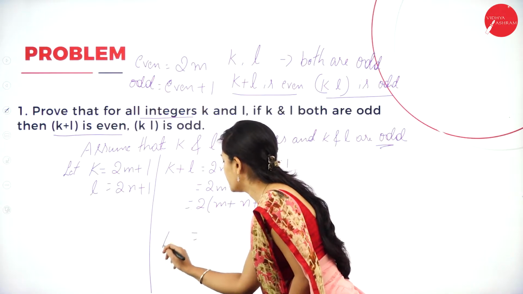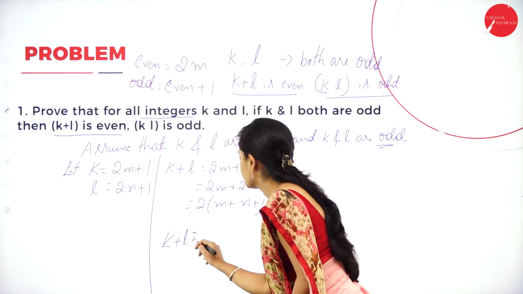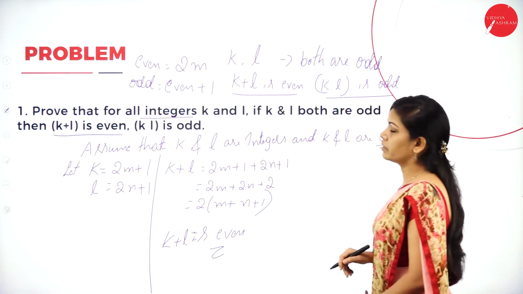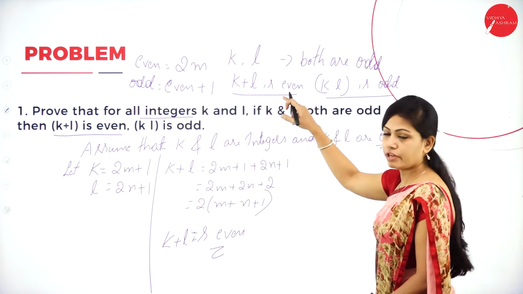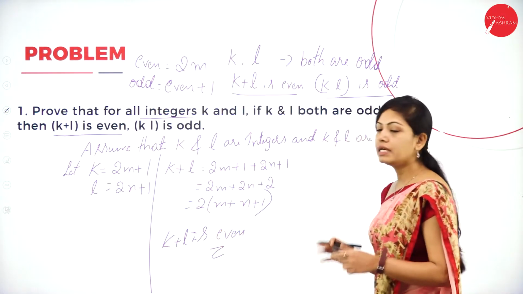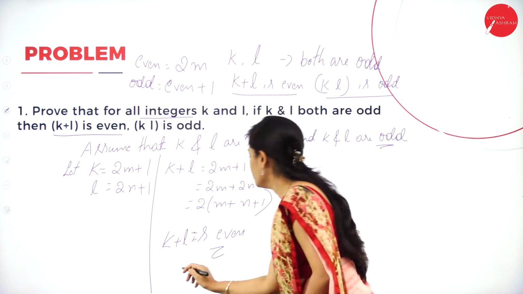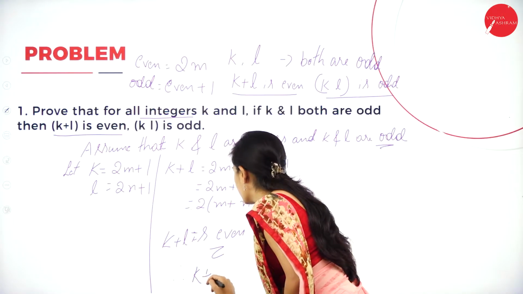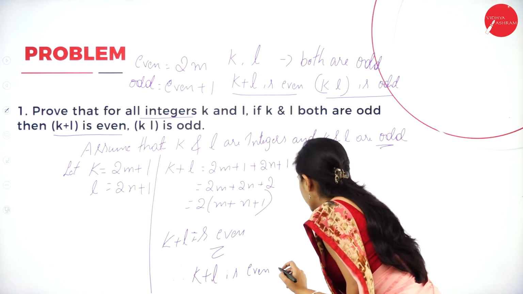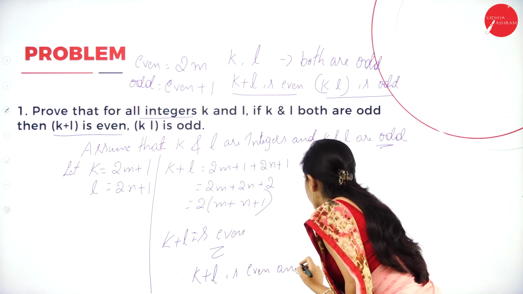So k plus l is even. What is the question? We have to prove that k plus l is even. So we got k plus l is even only. Therefore k plus l is even and it is divisible by 2.